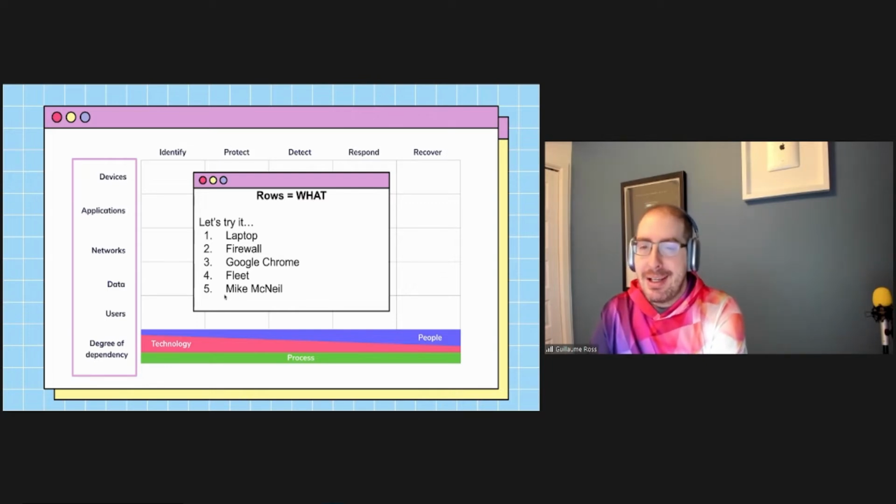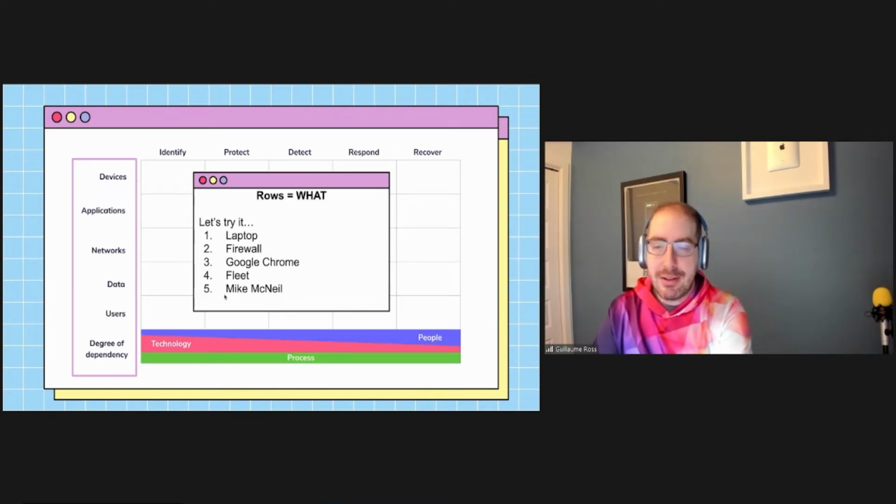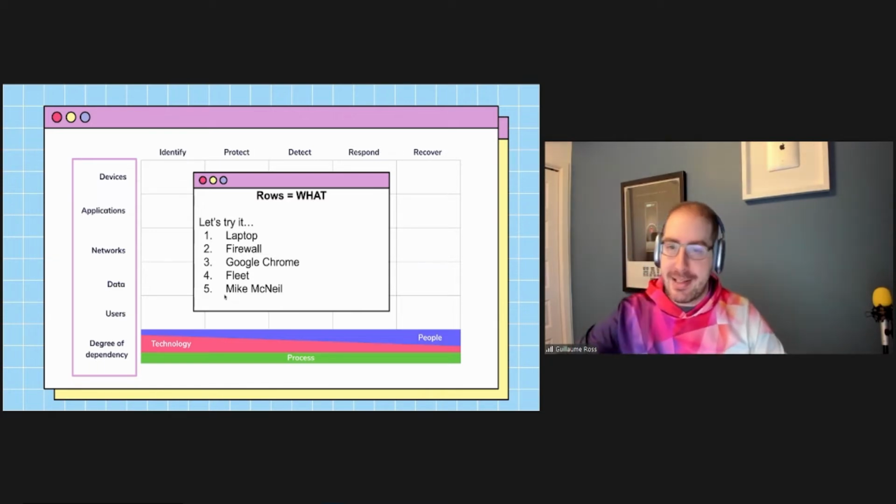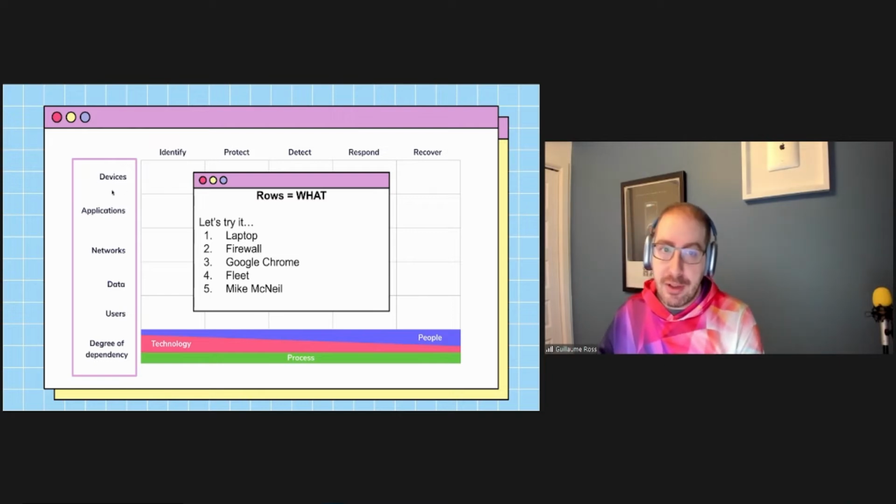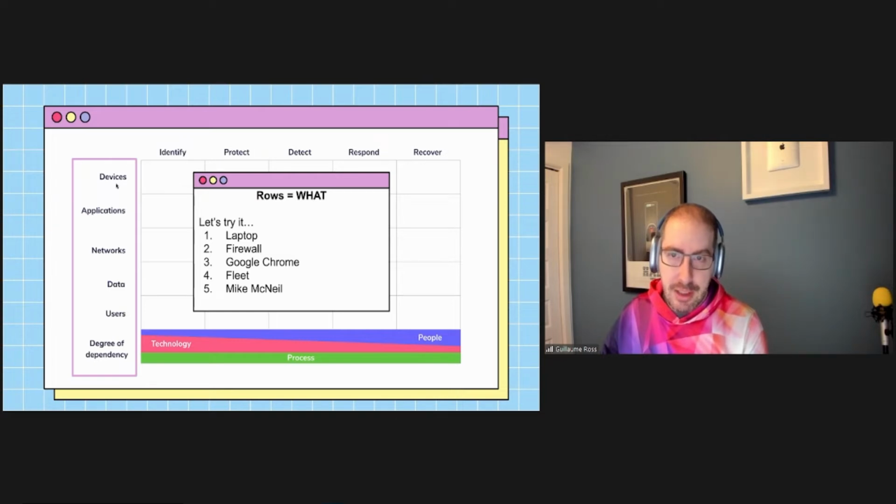So even though it's not made custom for them, it's a more complicated web application with multiple tiers. It's got a database, a back end, a front end. Then they could totally protect it with a web application firewall, which would fall under protect applications. But the agent itself would fit under devices, right? Like if you're using Orbit, for example, to deploy osquery, that would fit under devices.